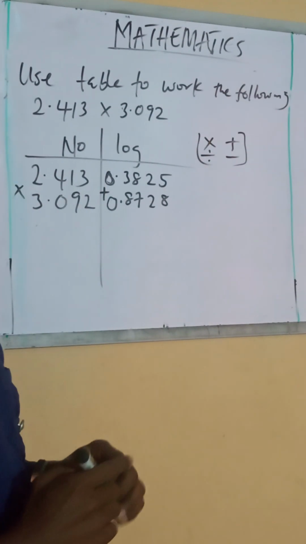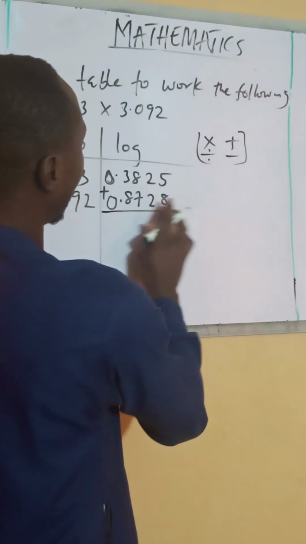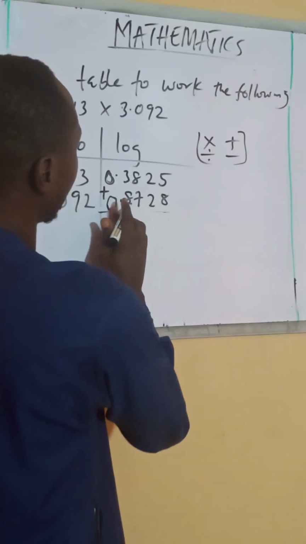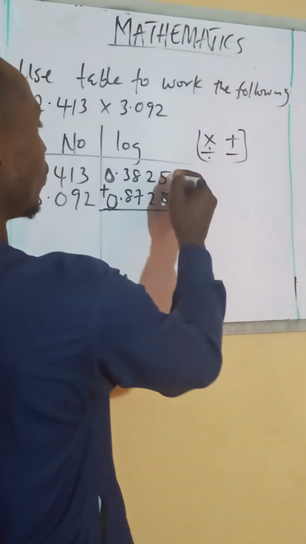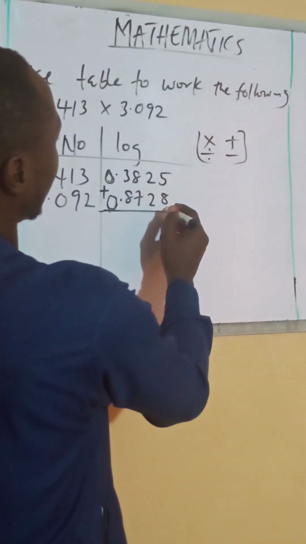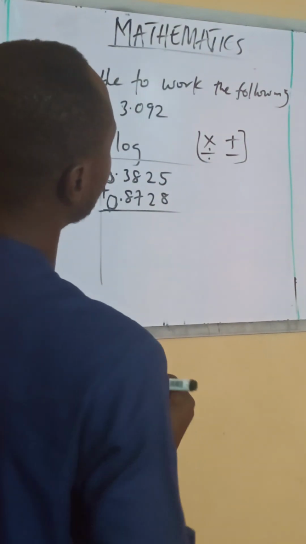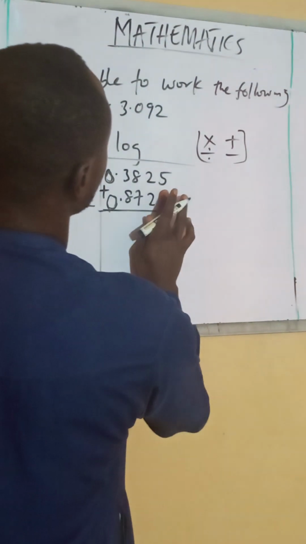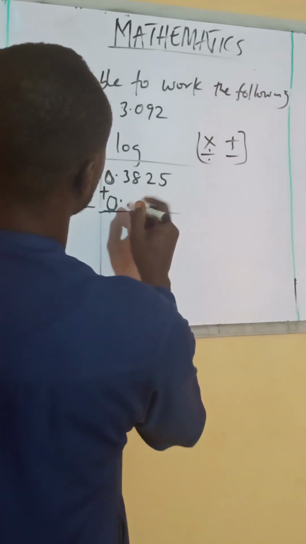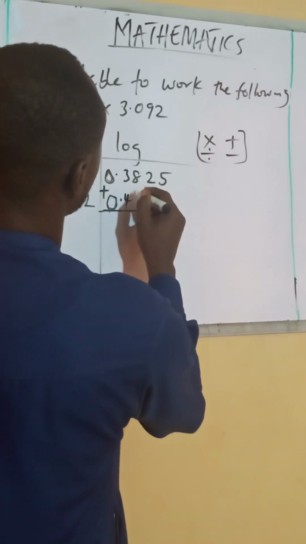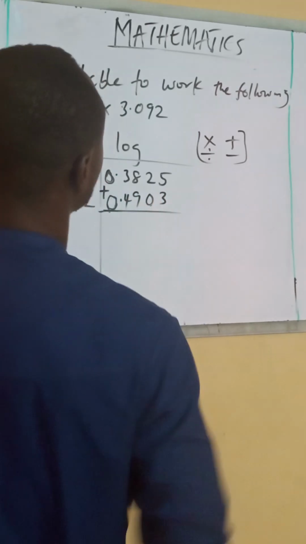Now, having done this, next thing now is to now add up what you have gotten here. You add them together. You add what you have gotten here. 5 plus this will give us what? Sorry, let me correct this, it is 4903, not that, 4903.